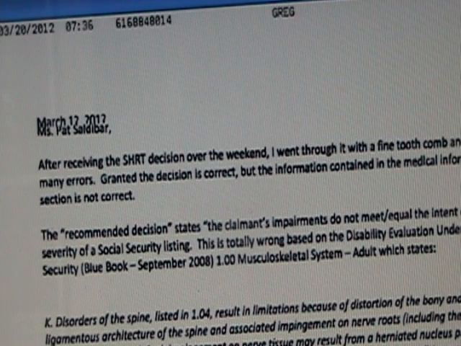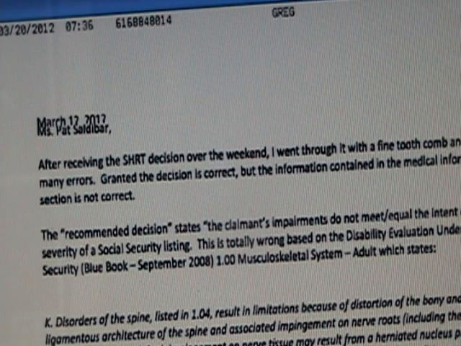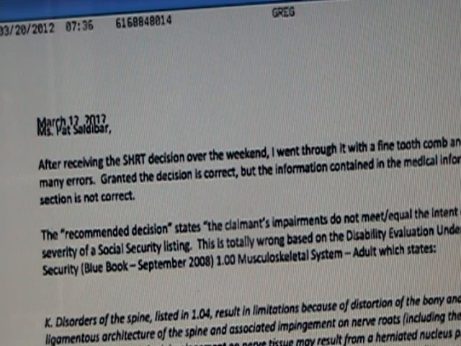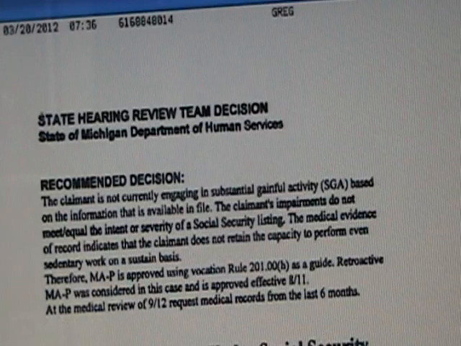It did not include any range of motion tests on my right shoulder, which has very limited use since 1998 as documented in the functional capacity evaluation done by CareTrack. I'm afraid that the SHRT misinformation contained could throw a wrench into a timely SSI RSDI decision. So, and they never did anything.